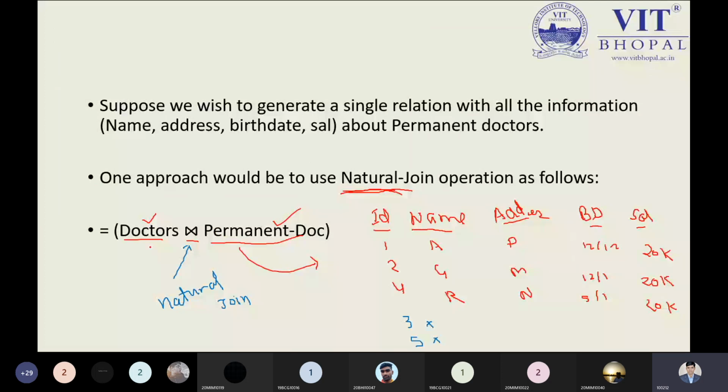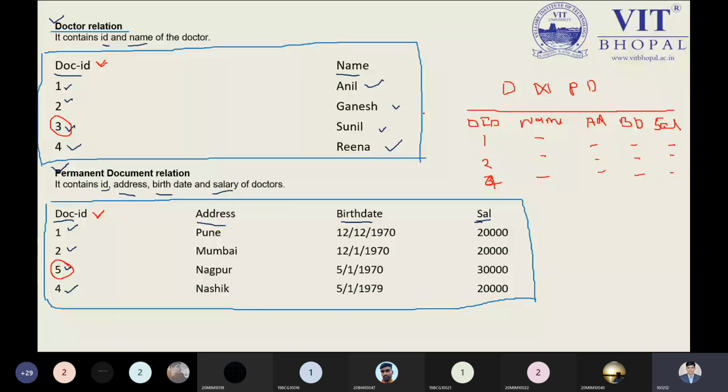If I'm using the doctor and permanent document relation ID, then all the doctor IDs, 1, 2, 3, 4, and 5, must exist in my new relation. But after applying the left outer join, the common attributes 1 to 4 come, and I'm missing 5. If I apply the right outer join, I'm also missing ID 1. So we are still losing information.